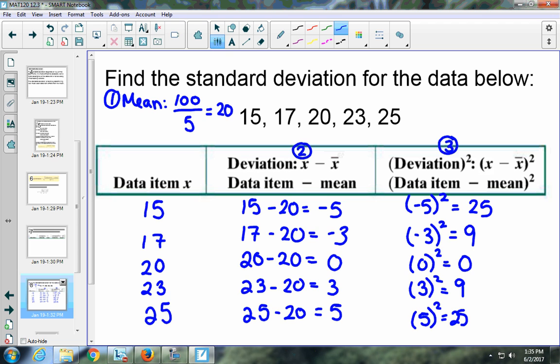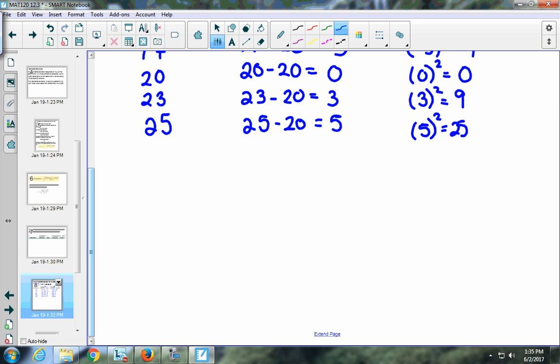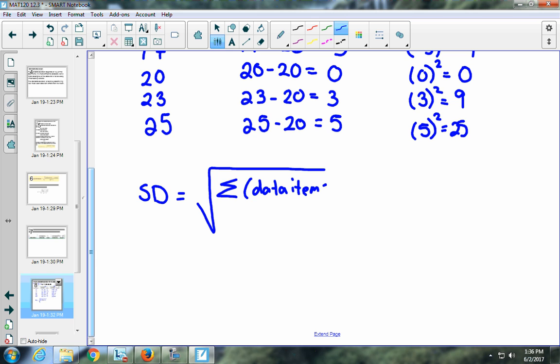Now, we need to start thinking about that formula. It was that the standard deviation, I'll abbreviate it SD, equals the square root of the sum, that's what that symbol means, of the data items minus the mean squared all over n, the number of data items minus 1.